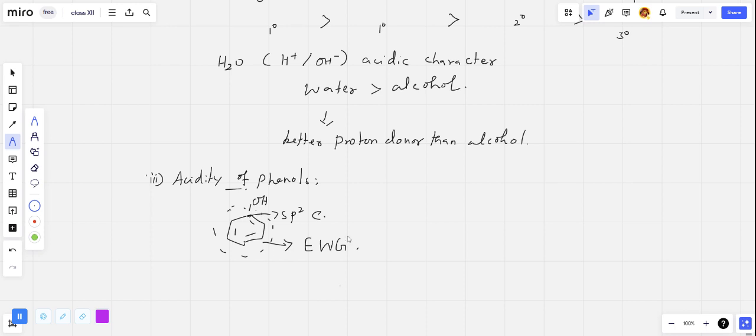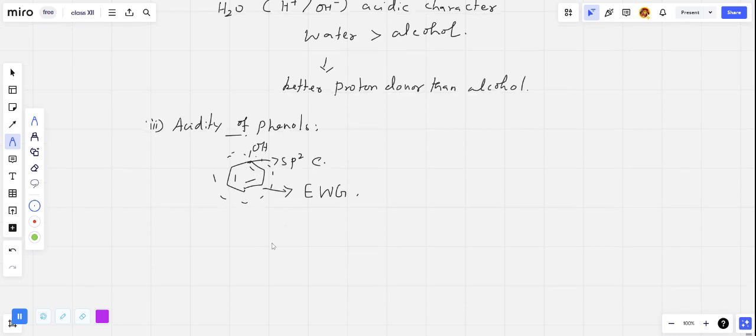So what will happen? Resonance will happen. You know how to write the resonance. Here oxygen has two electrons, they are pulled toward the ring. We have already seen this two or three times. This one becomes a double bond, O gets a plus, and it still has one lone pair.